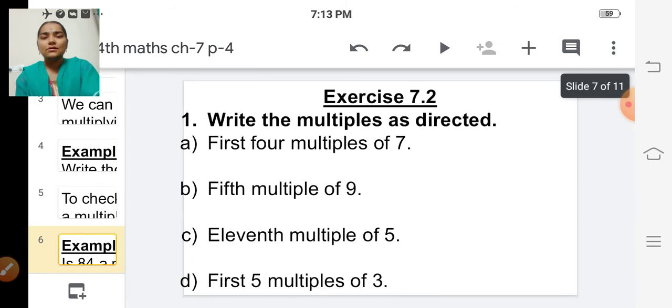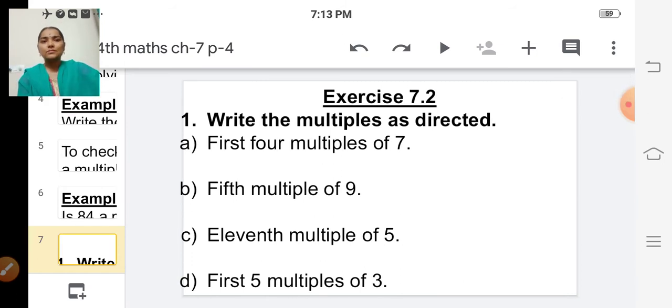Yes. So we'll do the exercise problems. Okay. Exercise 7.2, first problem. Write the multiples as directed. First question. First 4 multiples of 7.